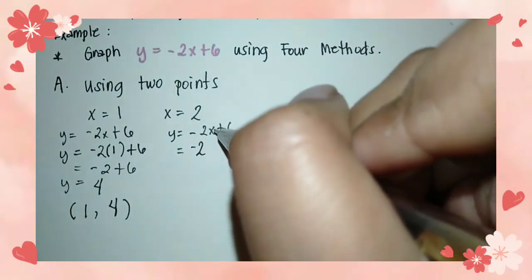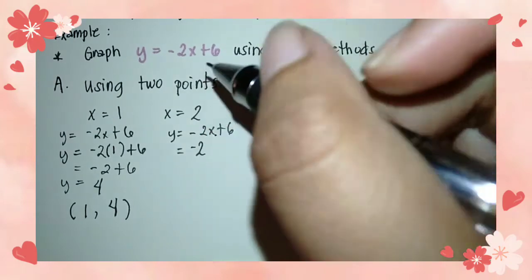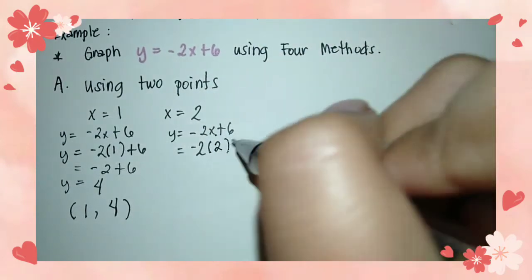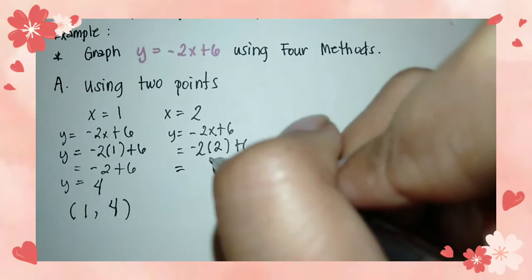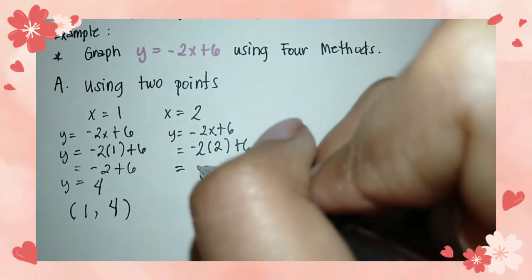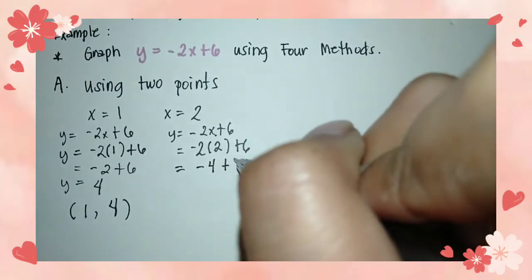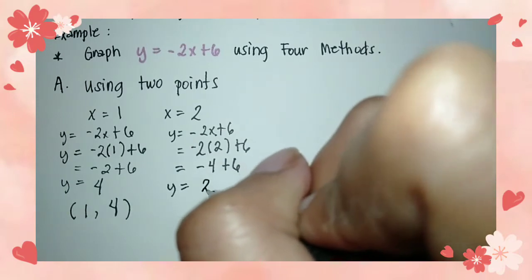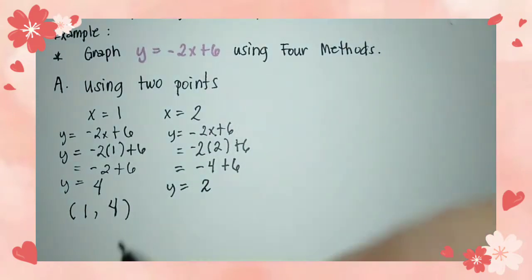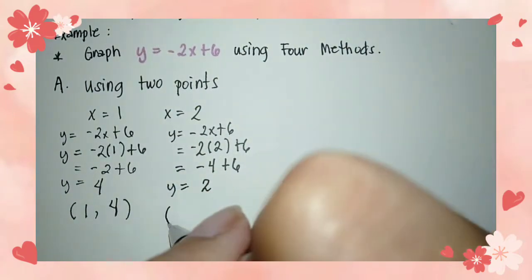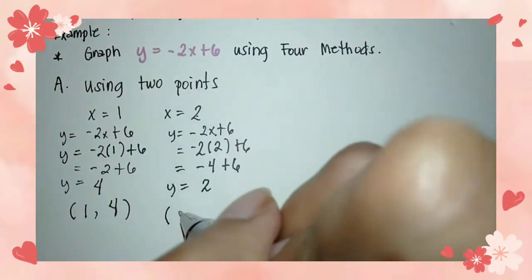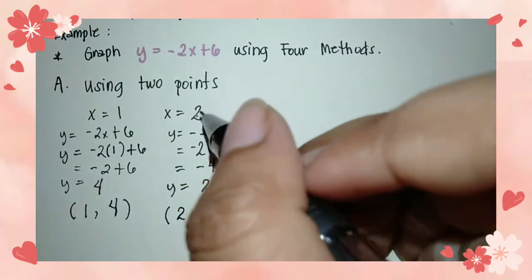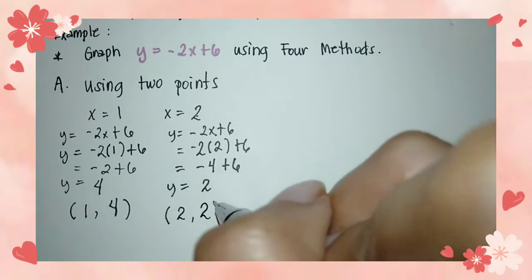And then, x, ang value ni x, ito, is 2, okay? So, we have times 2 plus 6. Then, negative 2 times 2, of course, negative 4 plus 6 is positive 2. So, we have the second ordered pair as, ang x natin is 2, and y is 2.